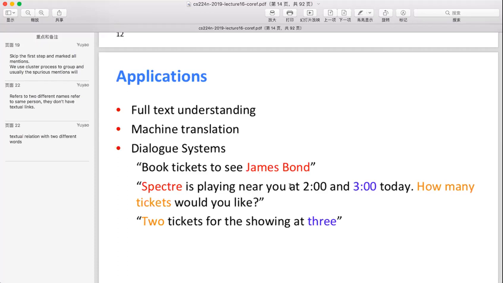So for our coreference system, we need to identify James Bond and Spectre as one group, one cluster, and they are linked together. A coreference system is useful just to find out the link, the relation between two words. Sometimes it's pronouns, sometimes it's nouns.